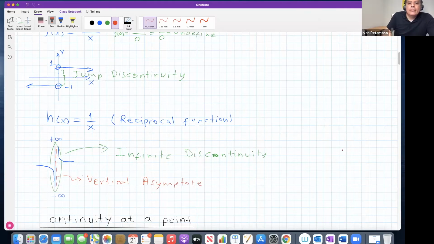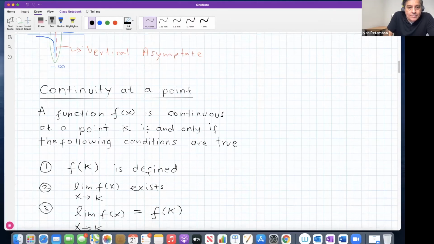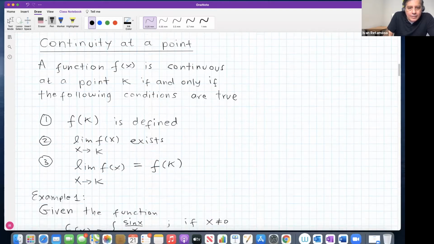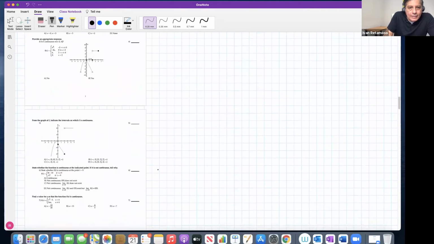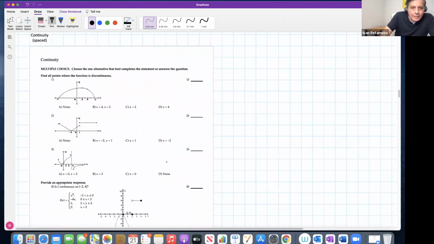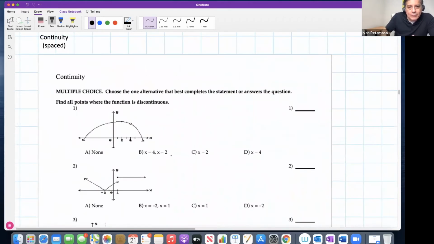All right, now first, I want you to be able to identify these three types of discontinuities clearly, because it's going to help you a lot. So we're going to go over some exercises first, quickly, and then we'll go over the computational stuff. Here, quickly, identify the discontinuity and the type of discontinuity, if possible, in the chat.